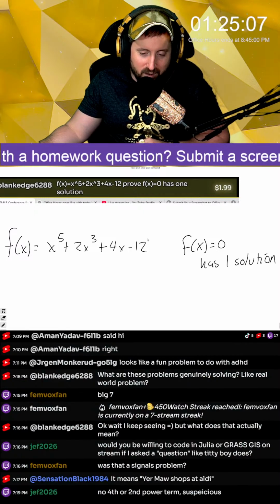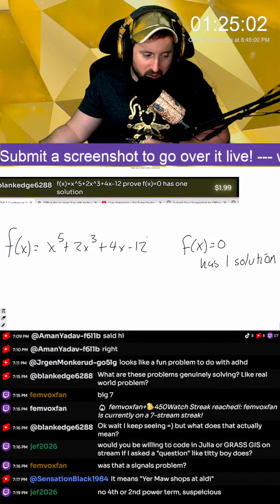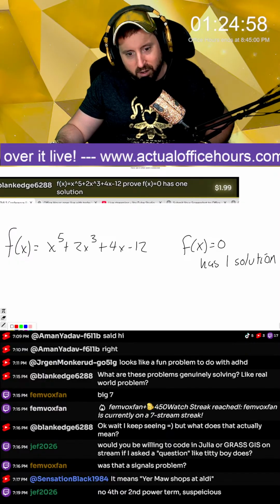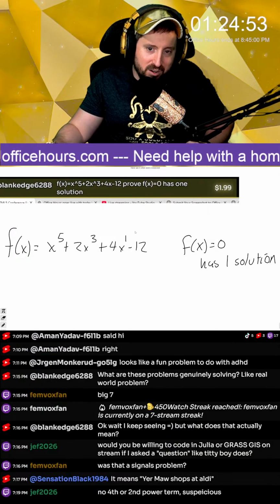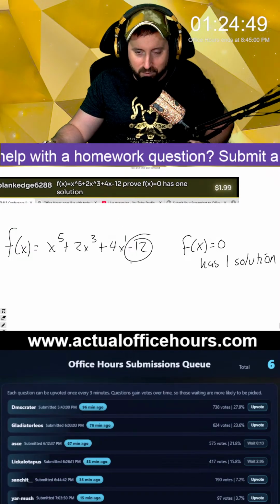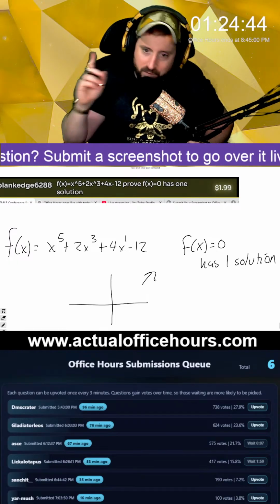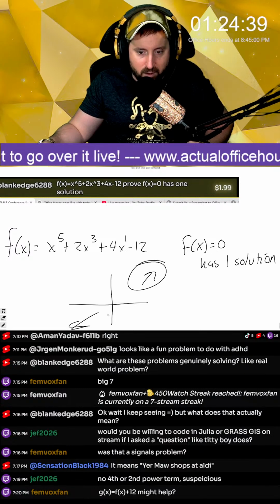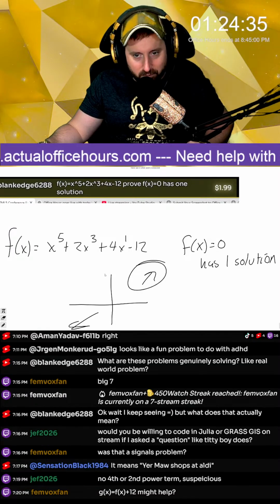Okay. If it has one solution, that means it has to only cross once. Right? So there's a couple ways this can happen. First of all, this is an odd function, mostly, right? Except for this. But the weird thing about odd functions is the limit as x goes to infinity goes up, and the limit as x goes to negative infinity goes down, right? g of x equals f of x.